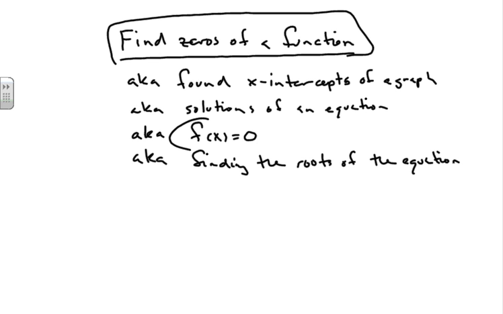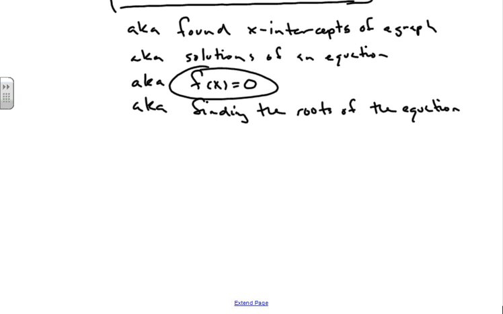Now, this is what many times you see in pre-calculus and higher level mathematics, where they say f of x equals 0. What that means is that you have f of x, which is y, and you're setting that equal to 0. Since y is 0, we are finding the x-intercepts, because if you recall, x-intercepts are when we're looking for an x value but y is 0.